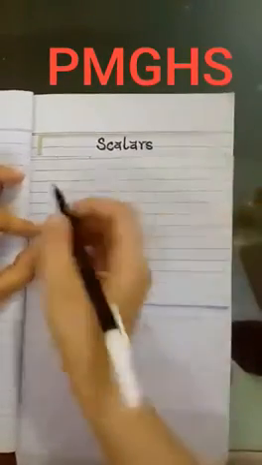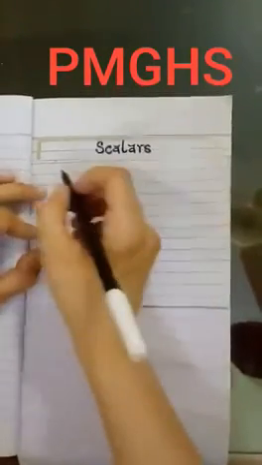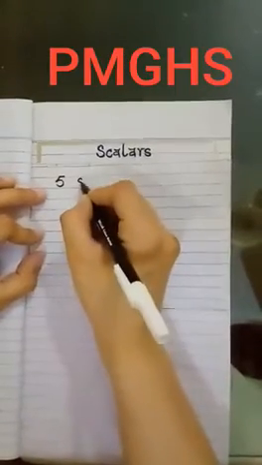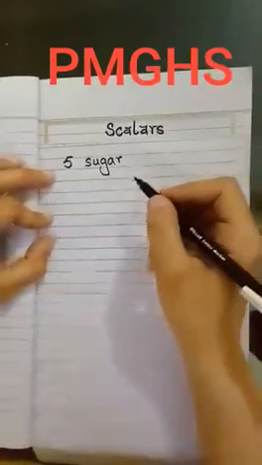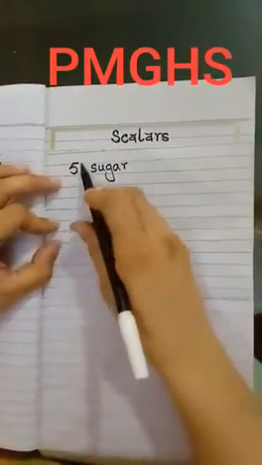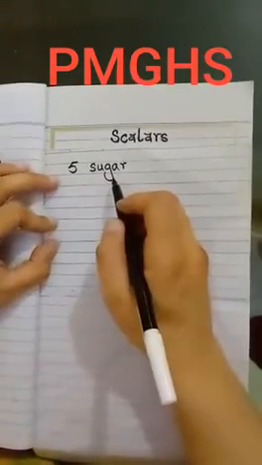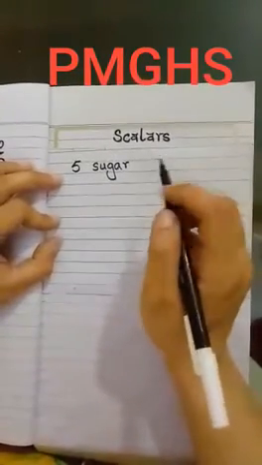Students, first I explain the concept of scalars to you with the help of some examples. Suppose you go to the shop and say to the shopkeeper that you need 5 sugar. When the shopkeeper hears the word 5 sugar, he gets confused.